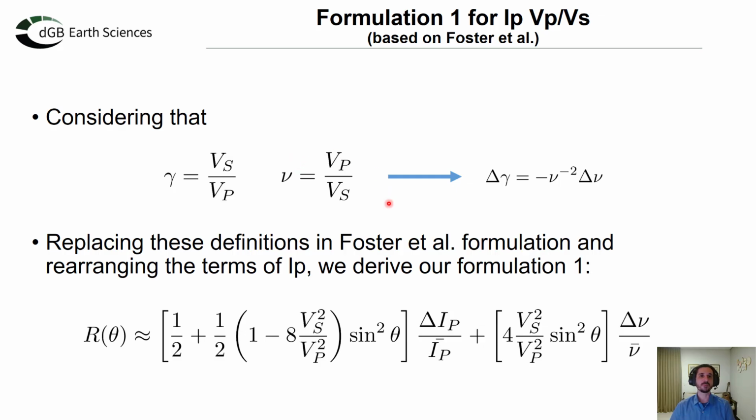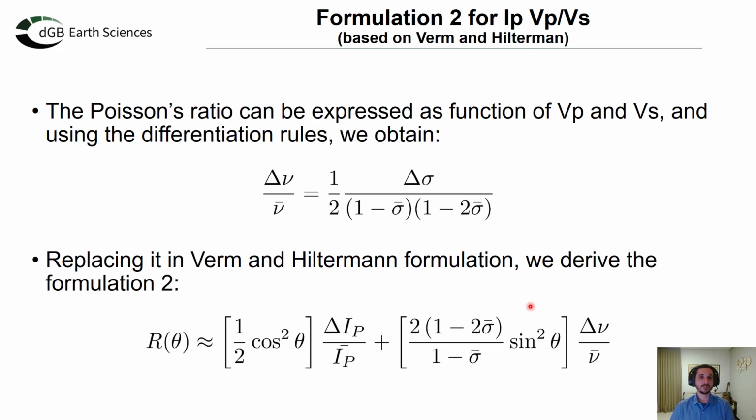The first formulation is based on the Fatti equation. Using the derivation rules and replacing it in the Fatti equation, we derive this equation here, which we call formulation 1. The second formulation is based on Verm-Hilterman, and it's based on the Poisson ratio in terms of Vp-Vs.